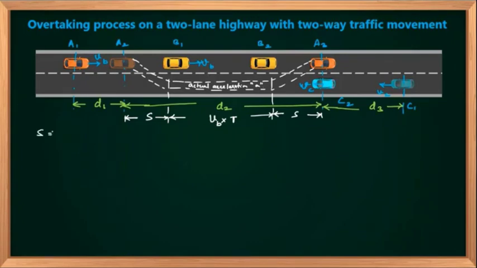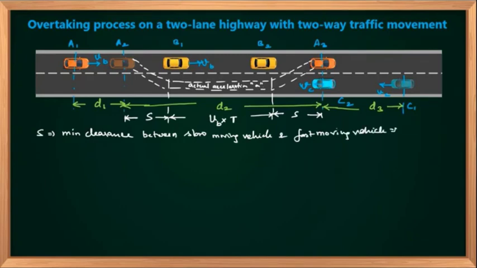S implies minimum clearance between the slow moving vehicle and the fast moving vehicle, and it is taken as 0.7 VB plus 6 meters.